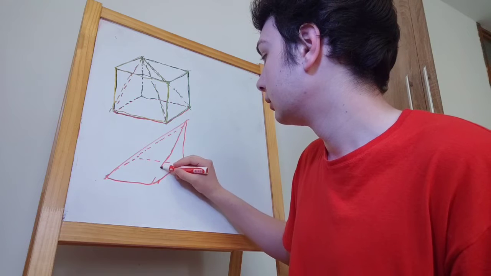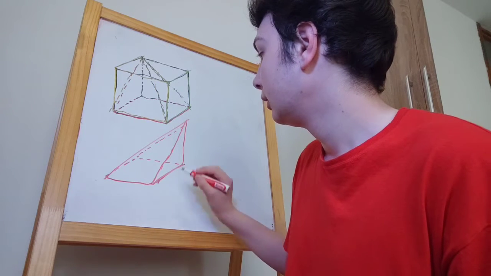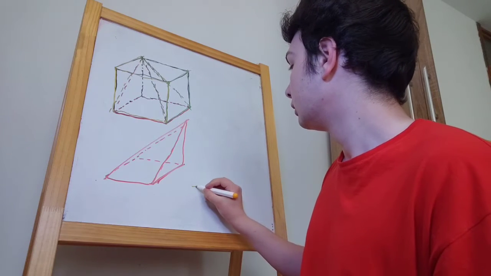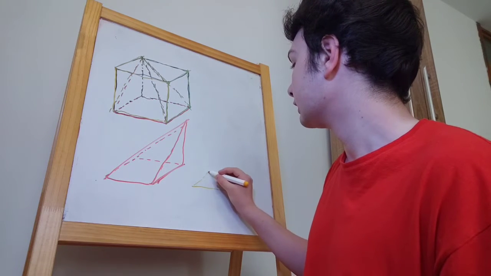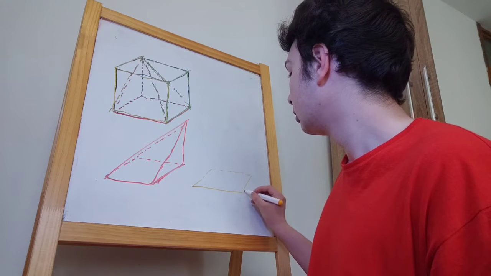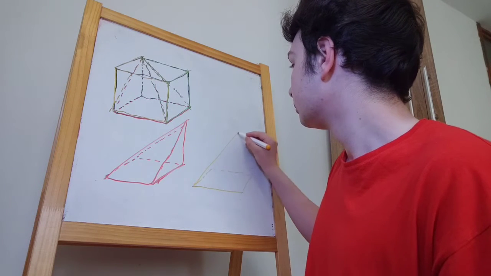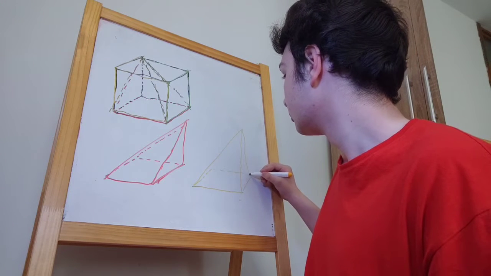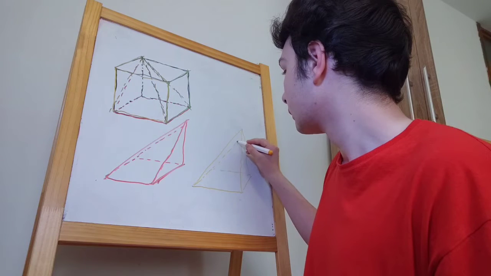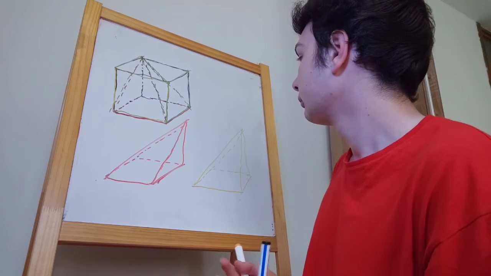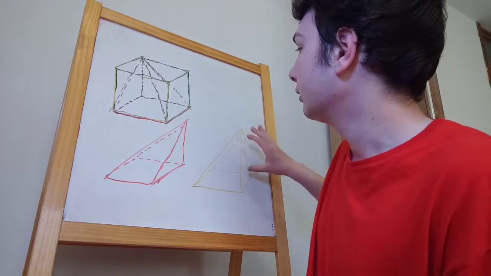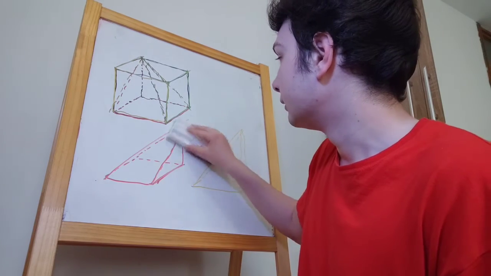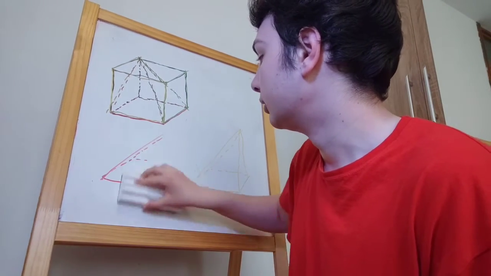This is a straight line. The second pyramid will be the same. You can see it just rotated like that. Let me actually draw them out in perspective for you.